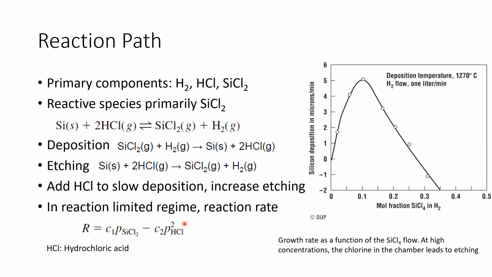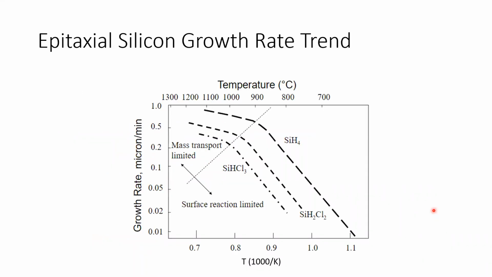Now this figure shows the silicon deposition rate as a function of mole fraction of silicon tetrachloride in hydrogen molecules. And this figure shows the epitaxial silicon growth rate change. You saw a similar figure before. We have a mass transport regime and a surface reaction regime.